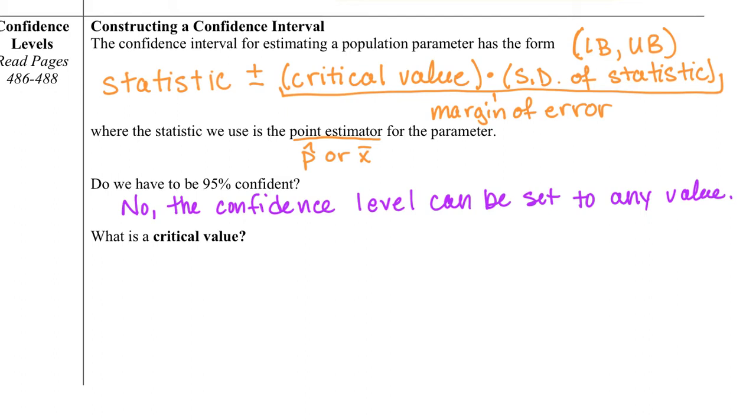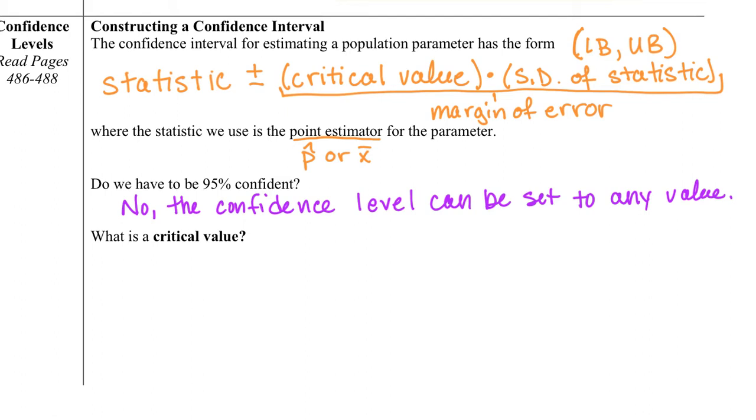We could make it 20% confident, but that means you're telling someone, I'm putting accuracy over confidence. I want something super close to my true parameter, and I'm only going to hit it 20% of the time.